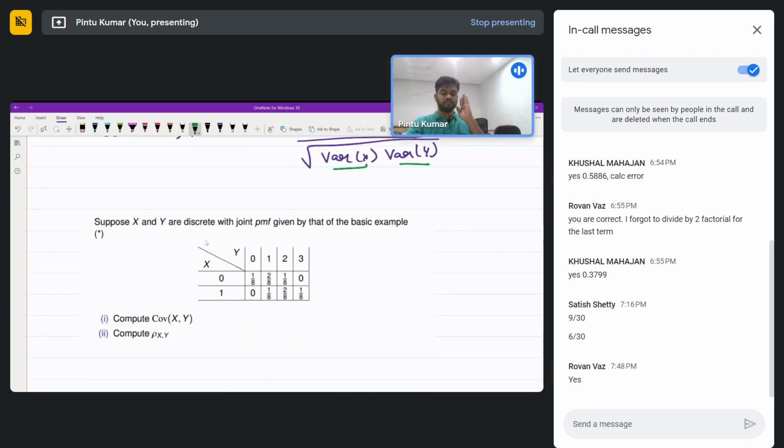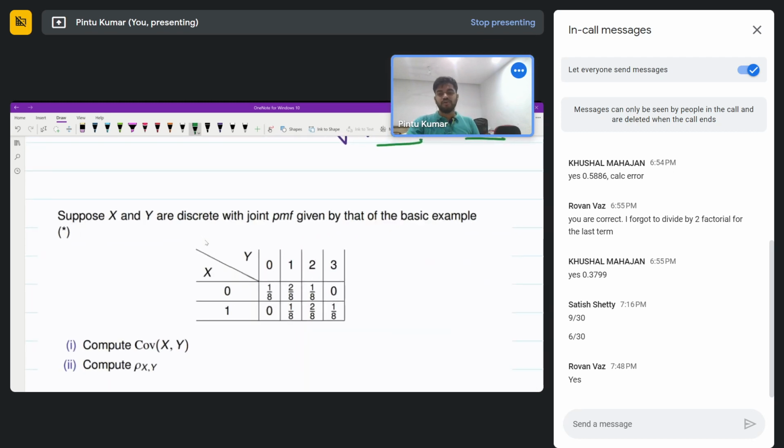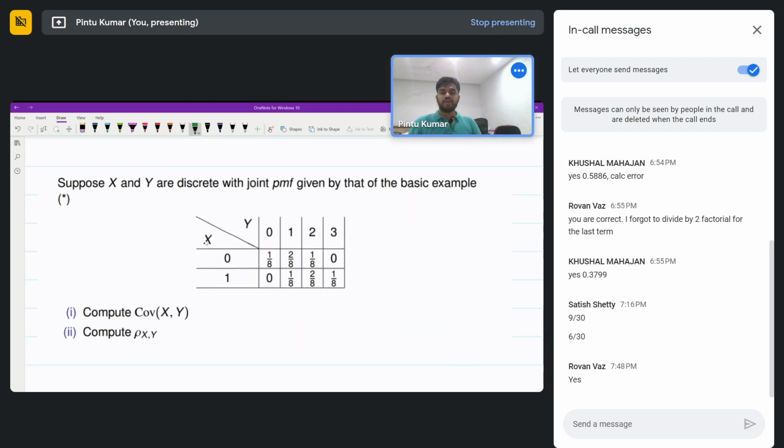We'll just look at a simple example. We are given a joint distribution of x and y, and we want to find covariance of xy, and then this symbol is for correlation between x and y. So what is the formula for covariance of xy?